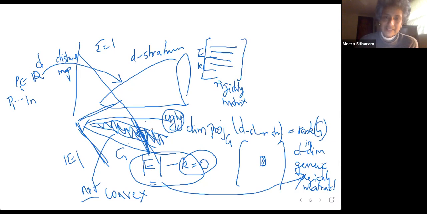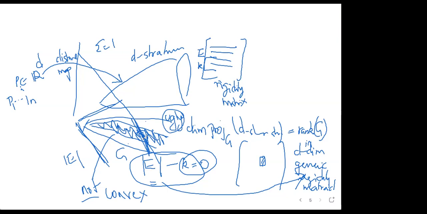So the projection of the D stratum coincides with the projection of the entire cone. What that means is that whenever there is a Euclidean realization of this graph in any dimension, it always has a Euclidean realization in D dimensions. That's really interesting.